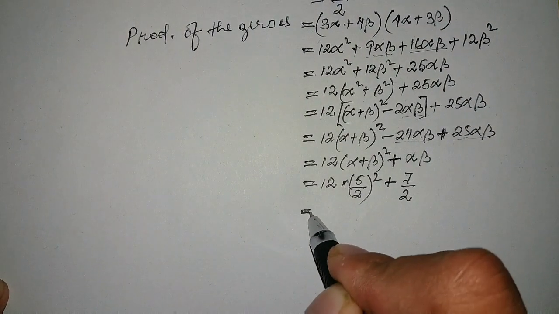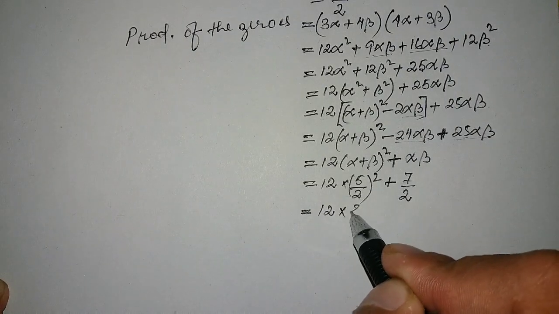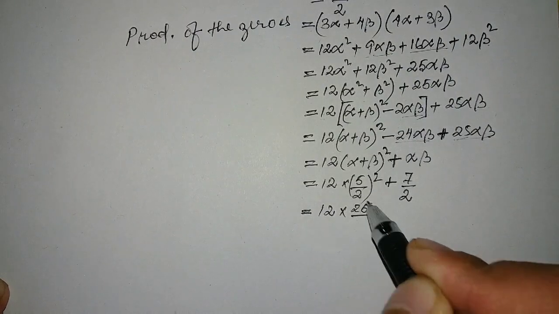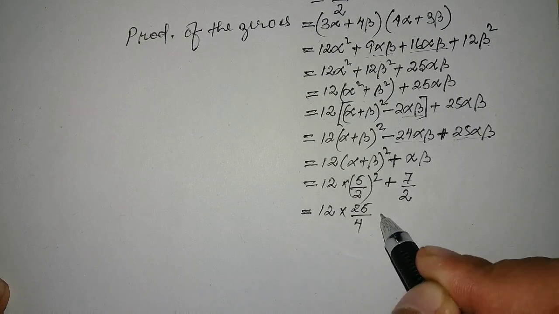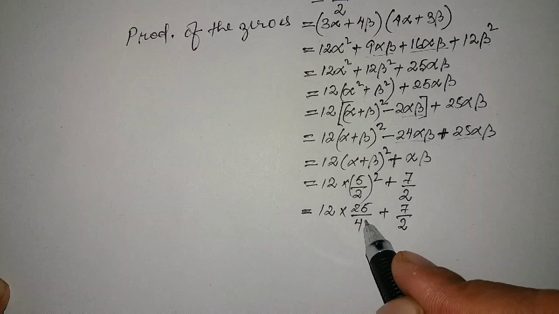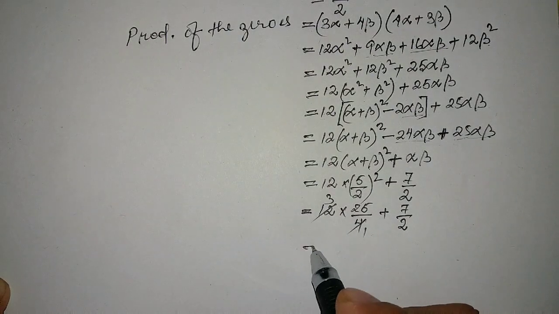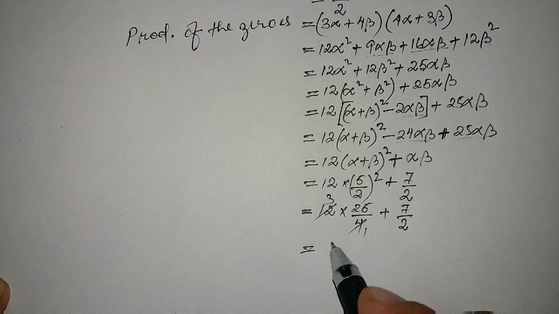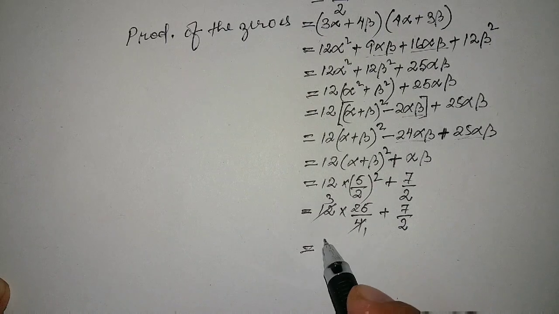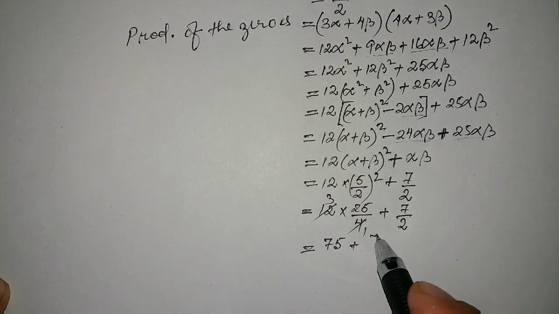Now this gives us 12 into 5 square is 25, 2 square is 4, plus 7 by 2. Now here we can cut: 4 ones are 4, 4 threes are 12, and now 3 into 25 we get 75 plus 7 by 2.